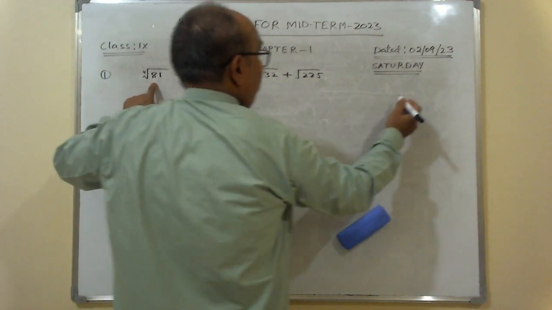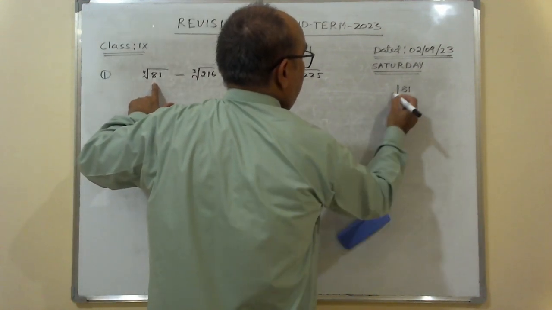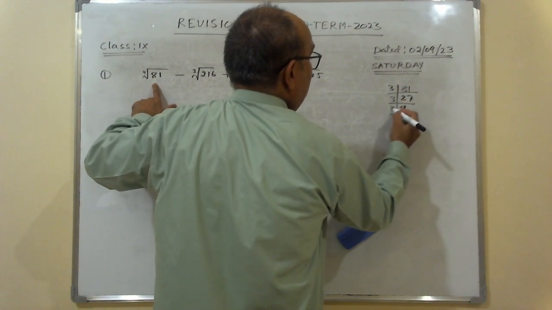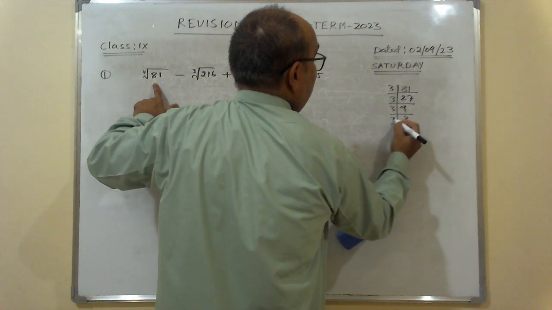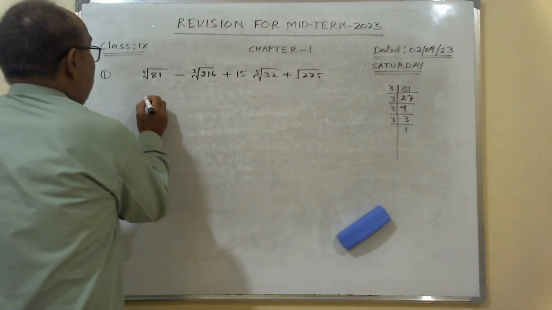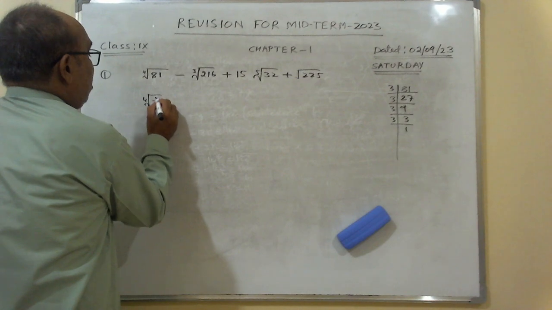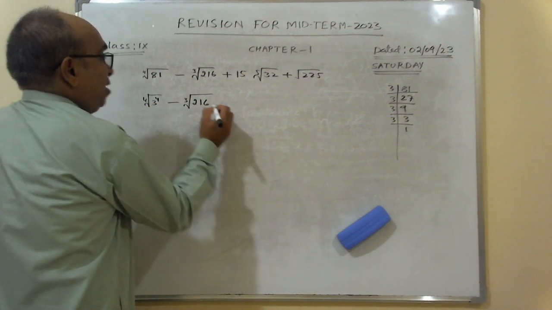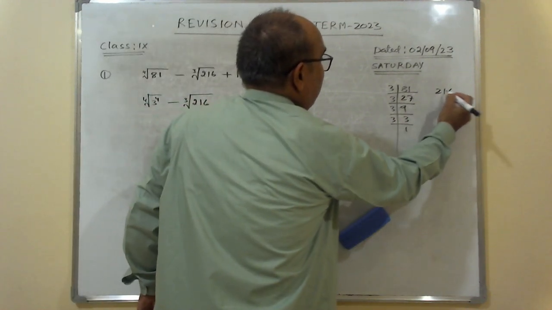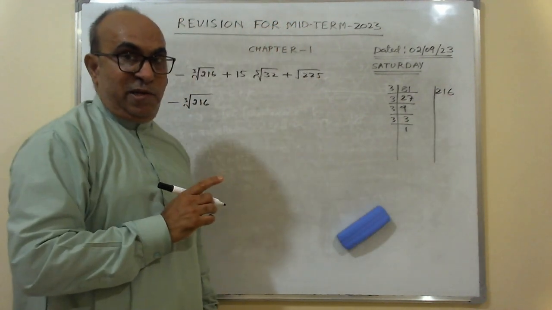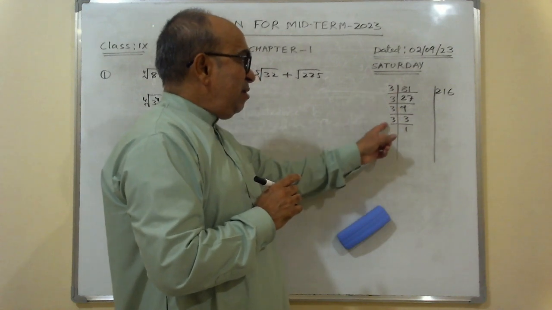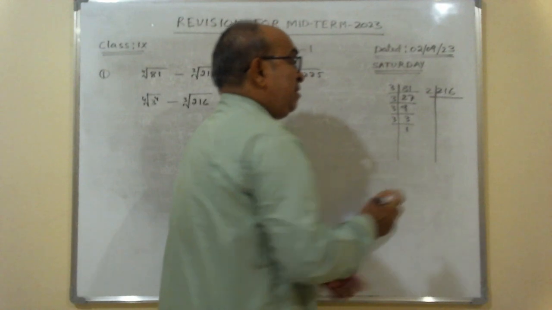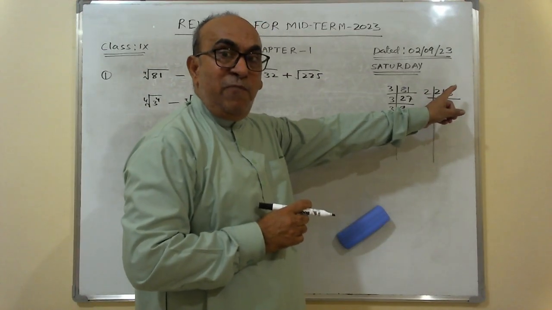So I will start from here. 81 is divisible by 3, then again by 3, then again by 3, then again by 3. So here it is the fourth root of 3 power 4, and here the cube root of 216. For 216 we have to get the prime factorization, so these divisors must be prime numbers. If a number is ending with an even number, it will be divisible by 2.